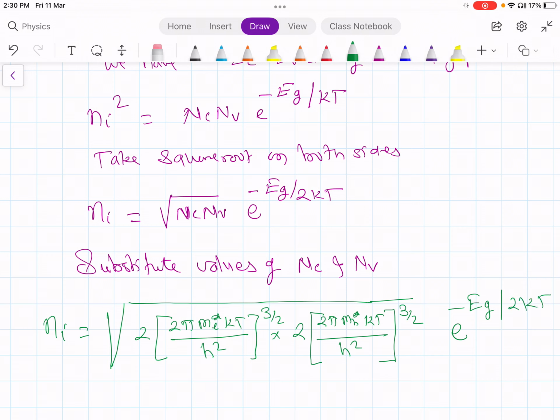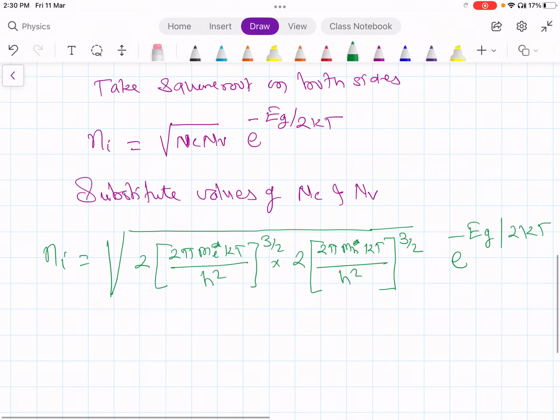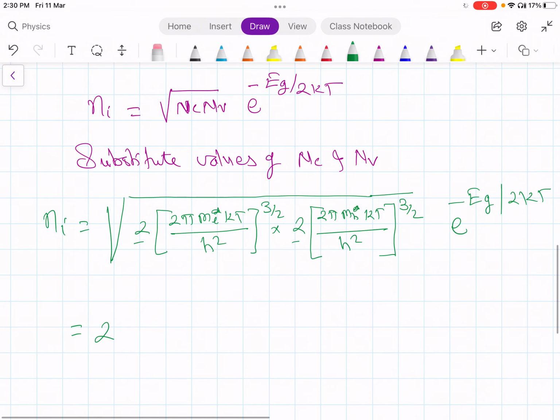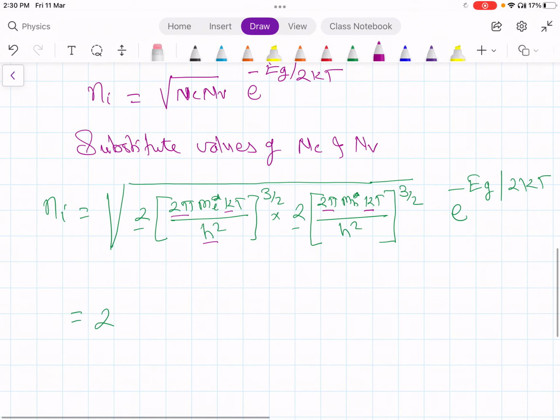Let us simplify this further. So here is a 2, here is a 2. Let's take 2 outside. Then here is 2 pi k upon h square raised to 3 by 2. It is twice, so you can take it out.